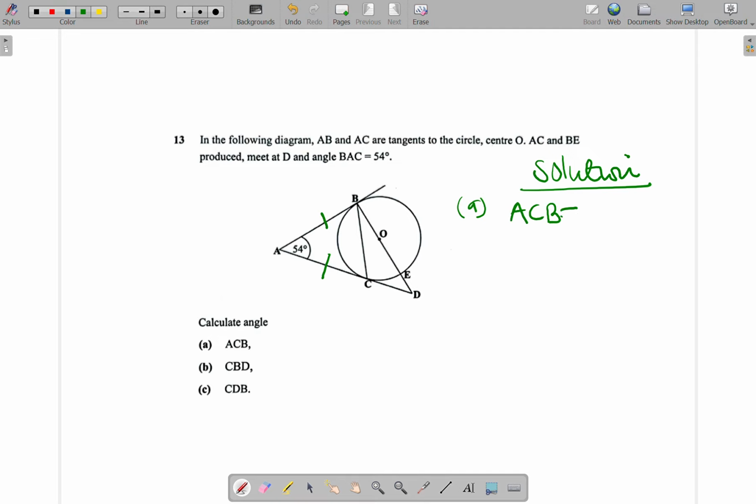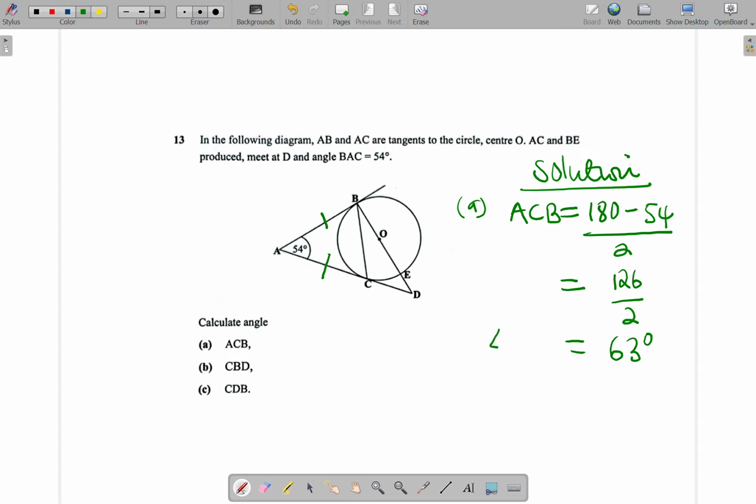ACB is equal to 180 minus 54, the result divided by 2, because there are two base angles there. So 180 less 54 is 126. 126 divided by 2, what I'm going to have is 63 degrees.